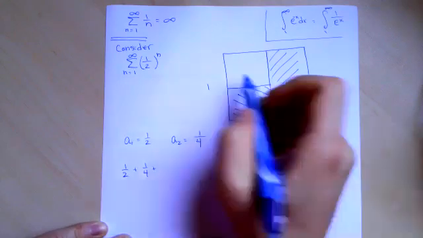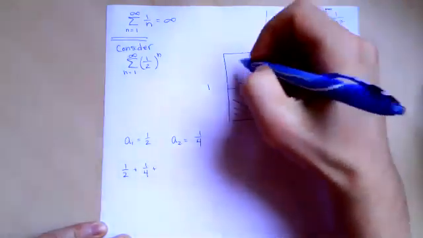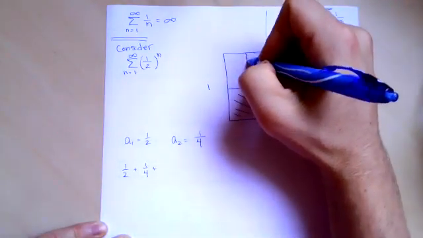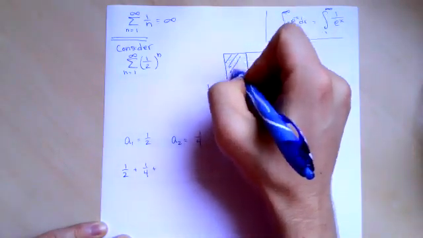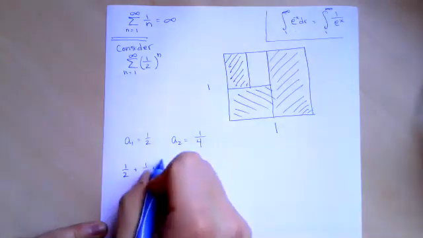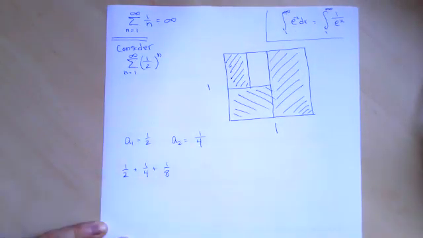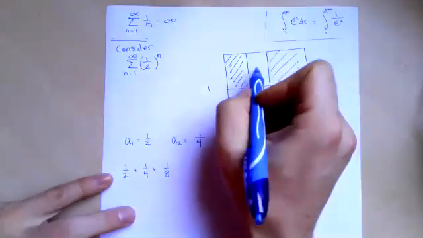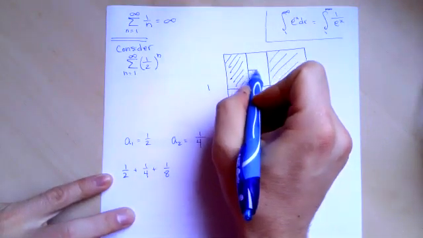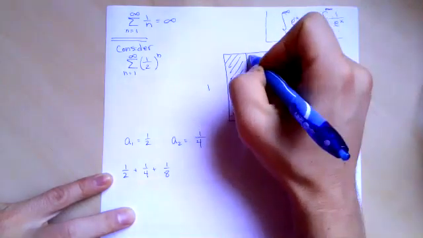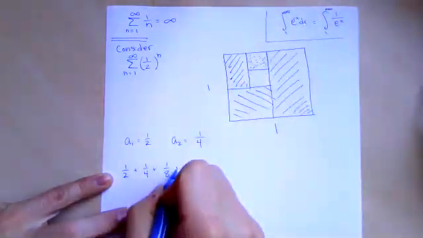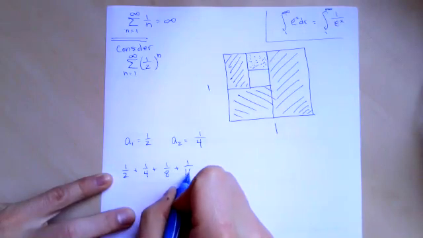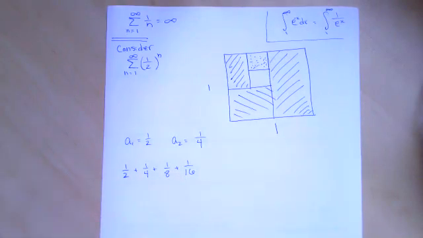What's the next piece going to be? So now I've got a remaining 1/4. If I cut this guy in half, and add that guy in, we have now 1/8 of the box. And I keep doing this. I just keep taking whatever we have remaining and I cut it in half, and we add it in to the total area.